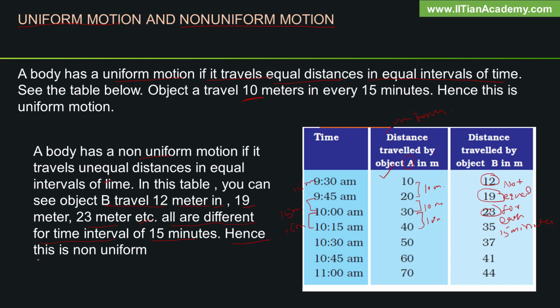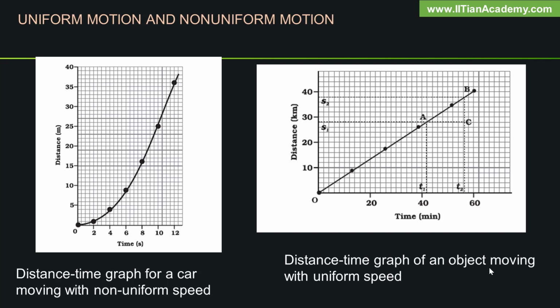Hence, this is non-uniform motion. You can see distance time graph of uniform speed is a straight line, while that for non-uniform speed is a curved line.